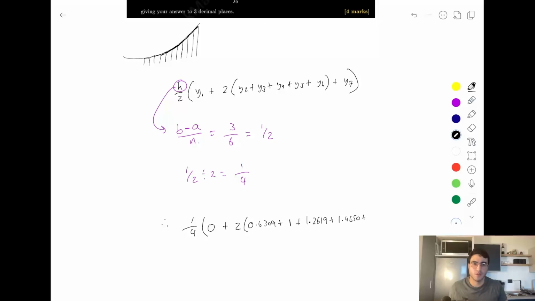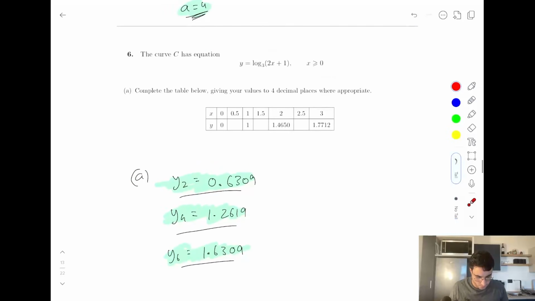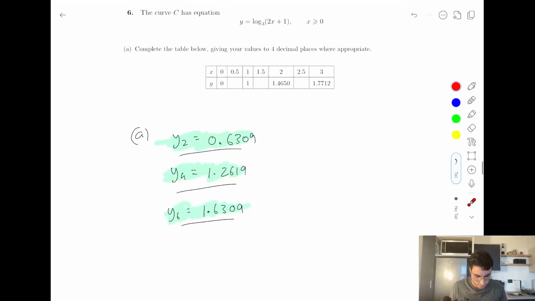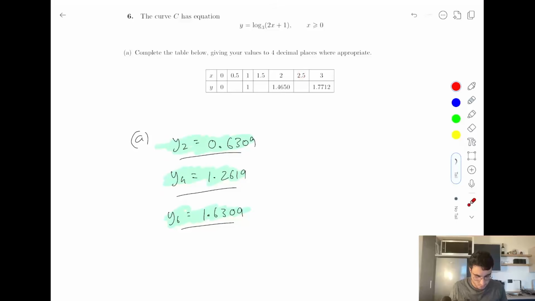Then after that, we're going to have 2.5, where x equals 2.5, which is our y6, so 1.6309.